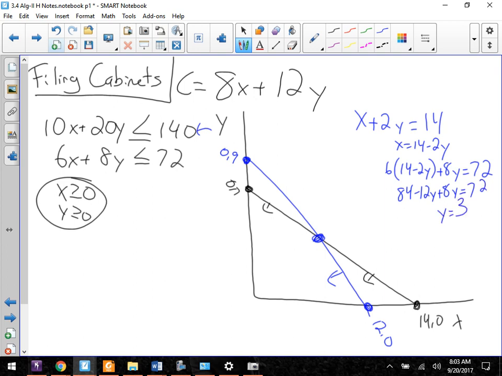I get y is 3 after manipulating a few things. Okay. If y is 3, 3 times 2 is 6. 14 minus 6 is 8. And that gets me my 3 sets of ordered pairs.